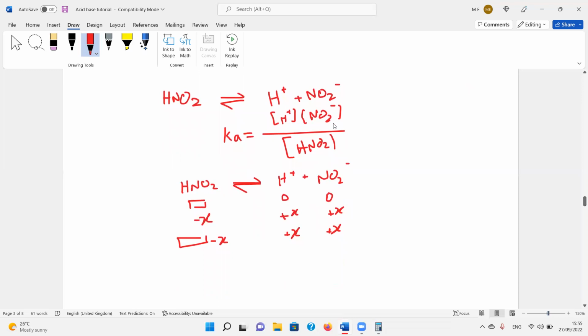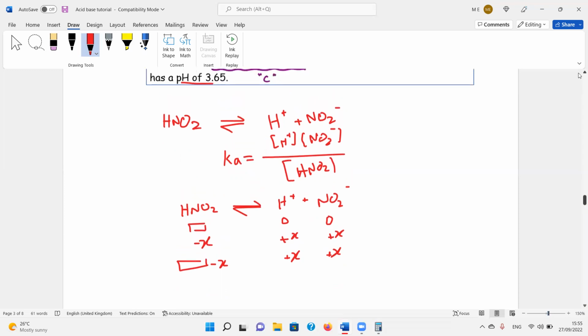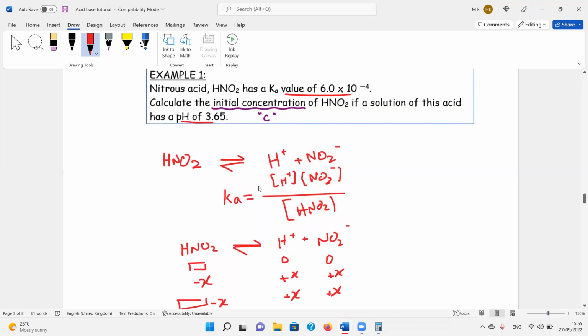So basically, we have Ka. So Ka can be plugged into this equation. So if we write this in here, that's 6.4 times 10 to the power of minus 4 equals, okay, now we have X and X. We are given the pH.